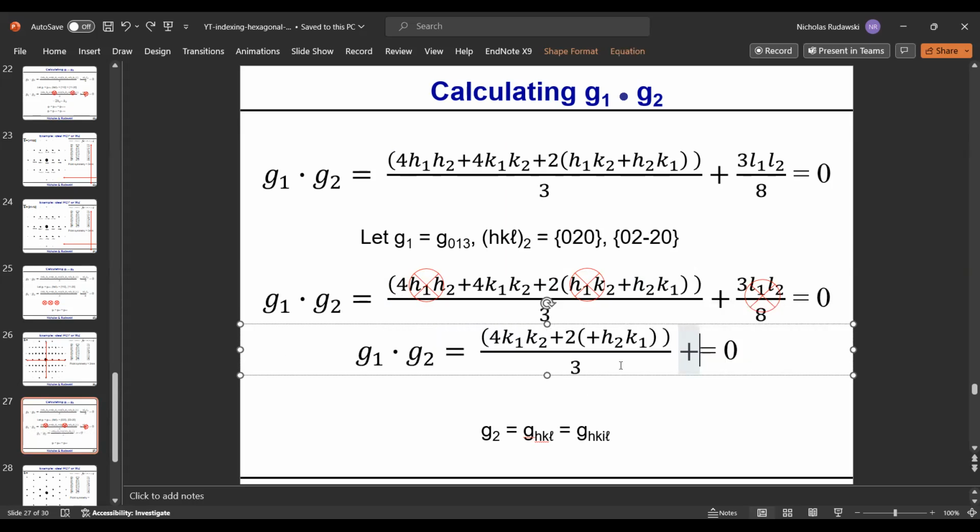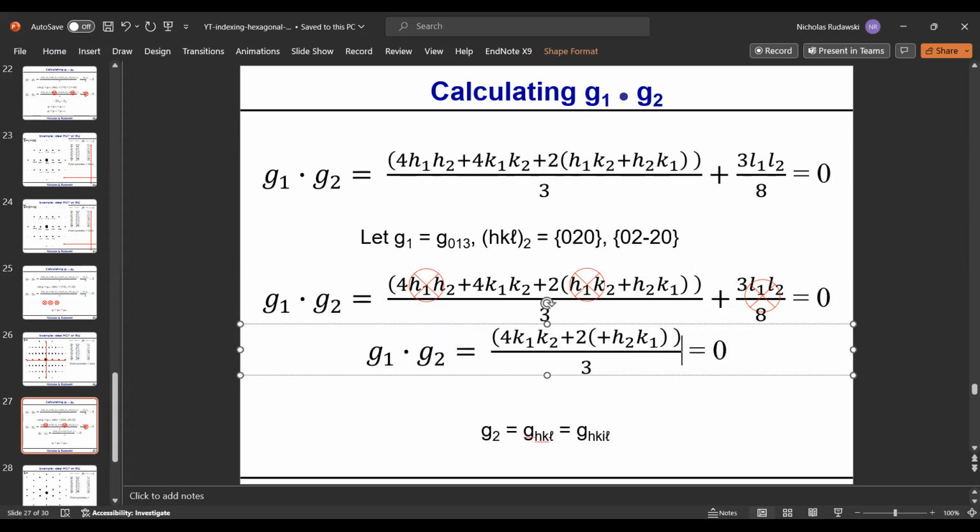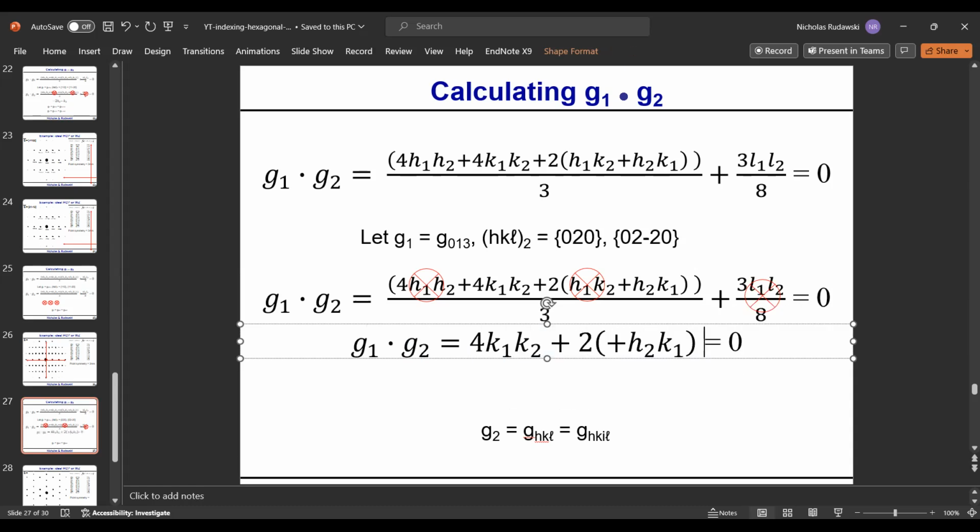Whoops. No, I don't want to type equation here. Okay. Oops, let me cut this out. Okay. So then we're stipulating that K1 is 1.